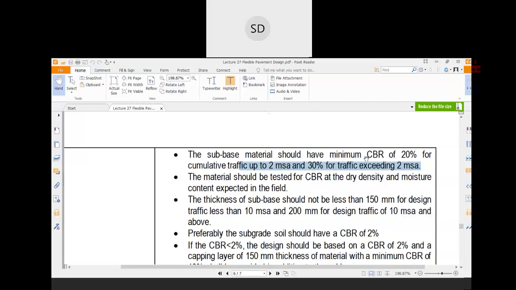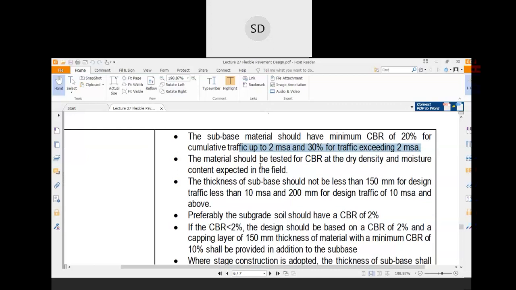And if your total traffic loading exceeds 2 million standard axle, a CBR value of 30% or more is preferred. The material should be tested for CBR at the dry density and moisture content expected in the field. So you will directly collect samples from the field conditions and test them so that it can match the field condition.